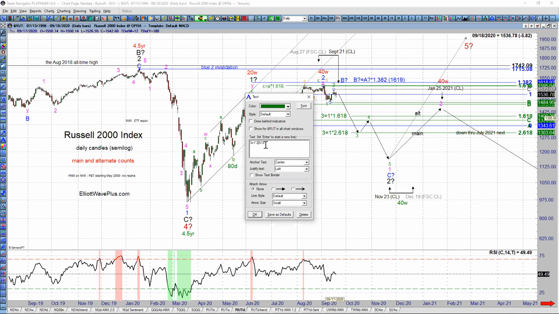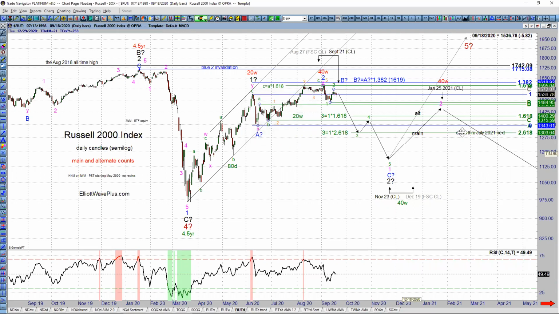So I've drawn it where my favorite target is down on the Russell to 1303 next. That could be a fairly quick trip, and that would be a loss of 15% on the Russell, and over potentially just a week if this roadmap is correct. Not a week, over a month.